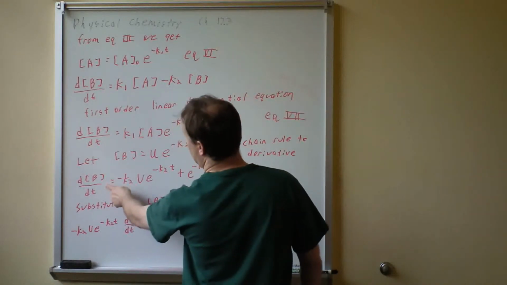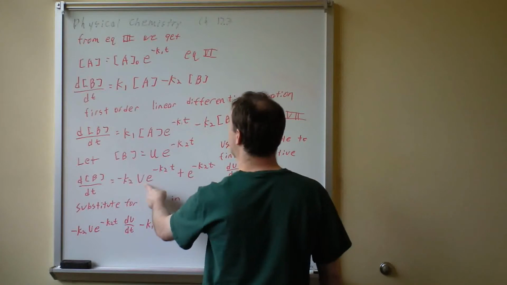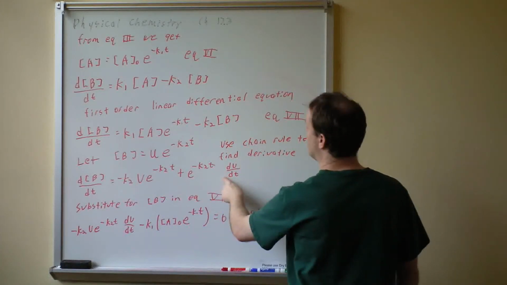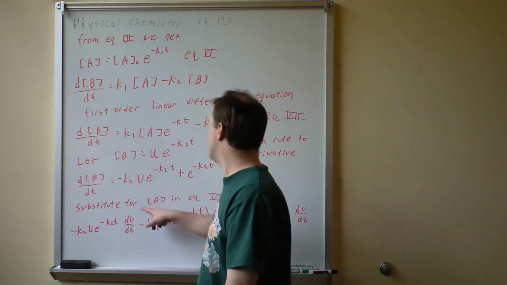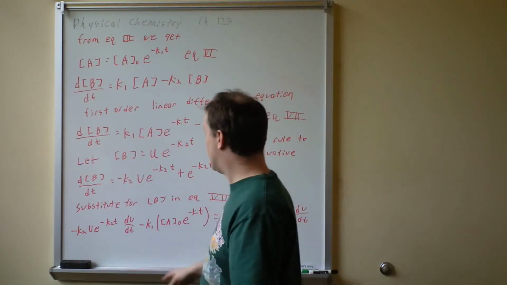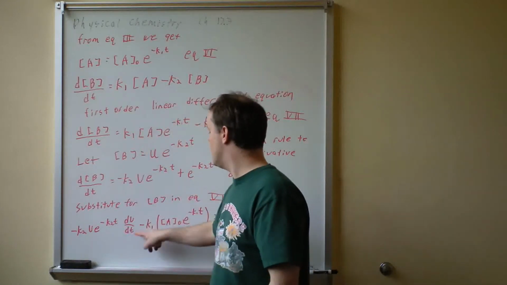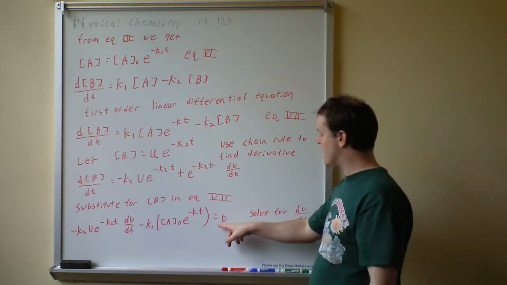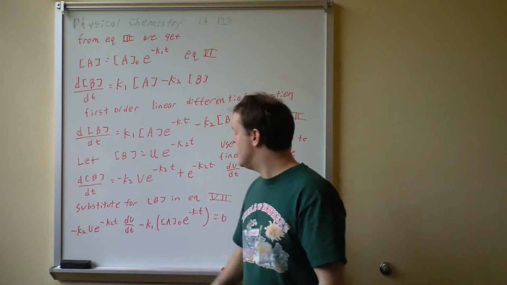So we get the derivative of the concentration of B with respect to time is equal to minus k2 times u times e to the minus k2t plus e to the minus k2t times the derivative of u with respect to t. Now what we want to do is substitute for the concentration of B into equation 7. So that gives us k2 times u times e to the minus k2t plus e to the minus k2t times du/dt minus k1 times A naught times e to the minus k1t equals 0. What we want to do is solve for this du/dt.